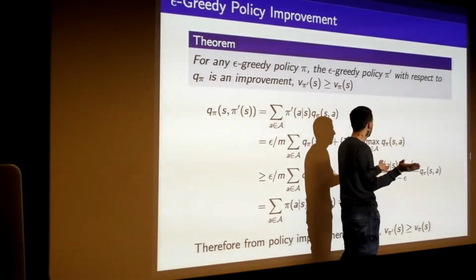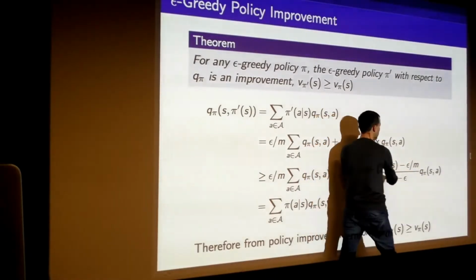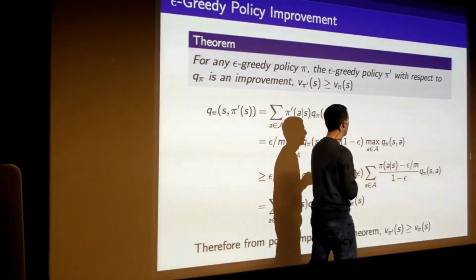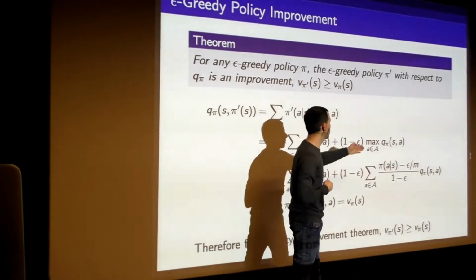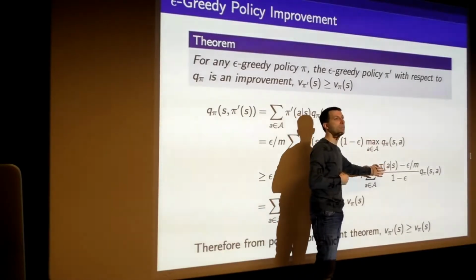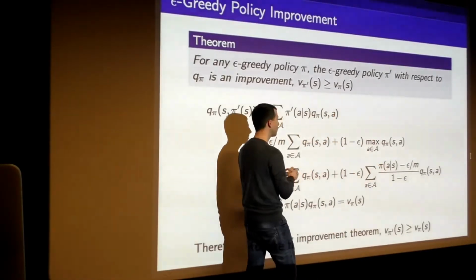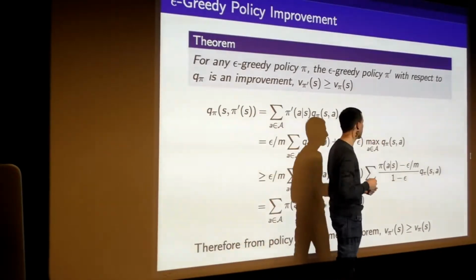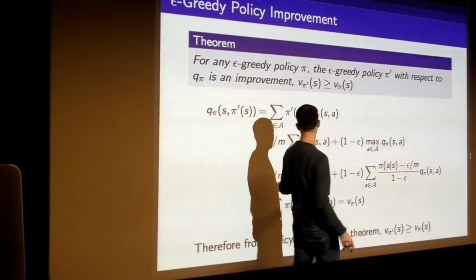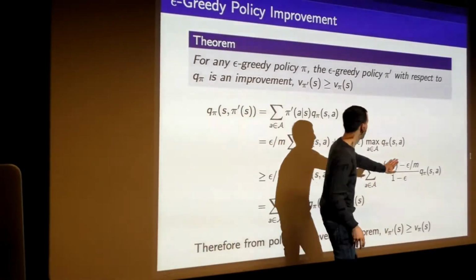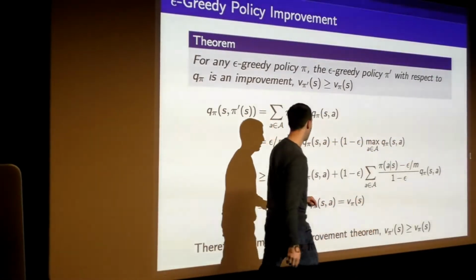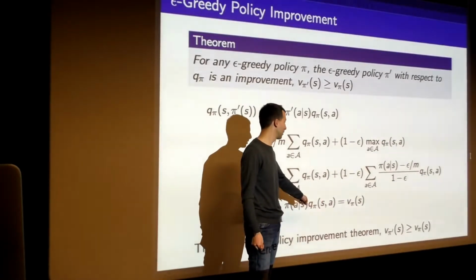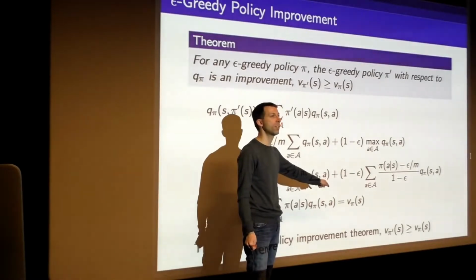So we're going to choose one particular weighting that sums to 1 here. And we're just going to say that the max has to be better than that weighted sum of your Q values. And now you can just collect terms together, and we see that we've got 1 minus epsilon on 1 minus epsilon. So this term over here just cancels with this term over here, and you're just left with an expectation over your Q values, which is your original value function.